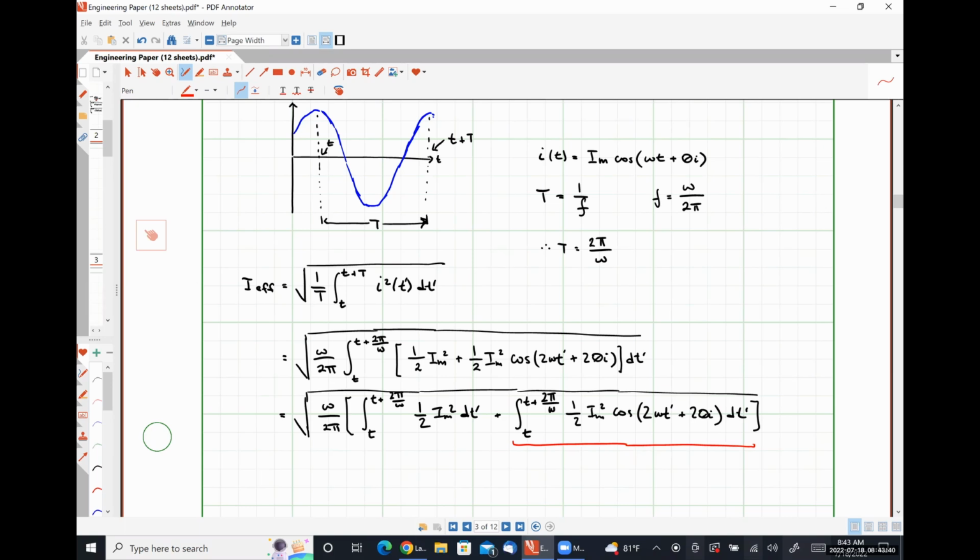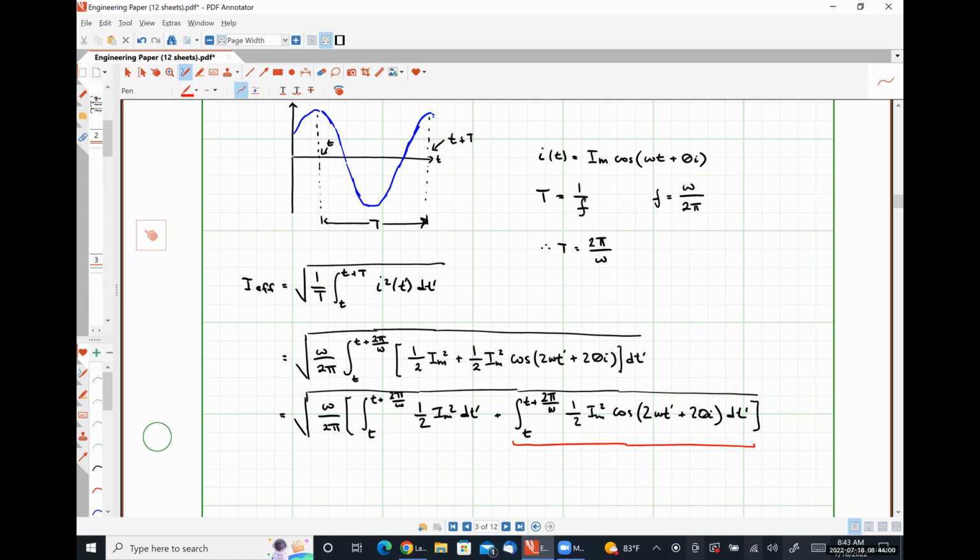Okay. So I have the integral, or effectively the integral over exactly 1 period of a sinusoidal signal that's oscillating twice in that 1 period duration.